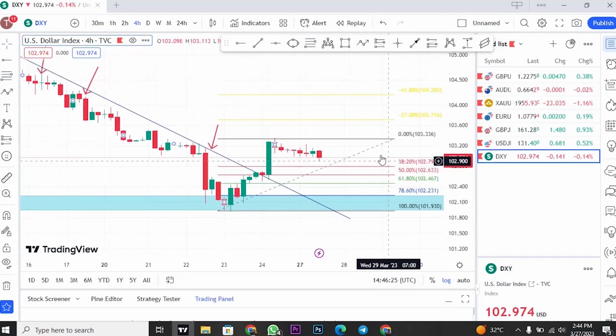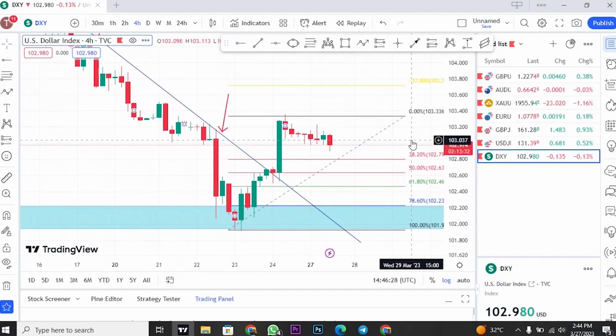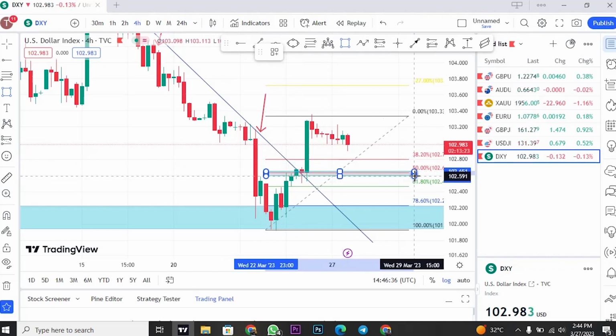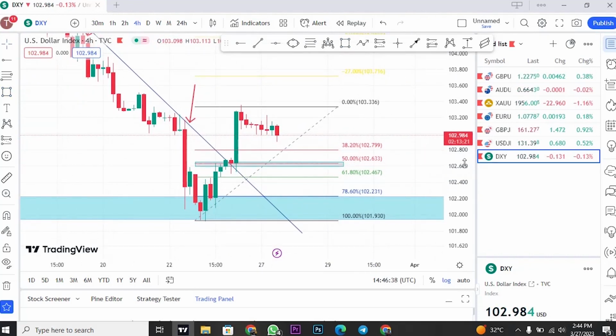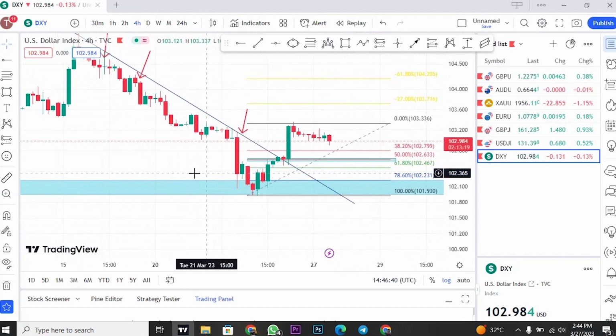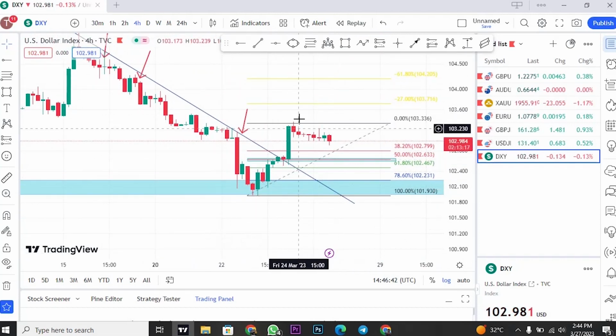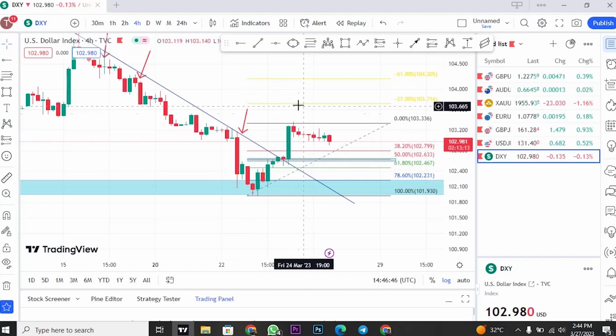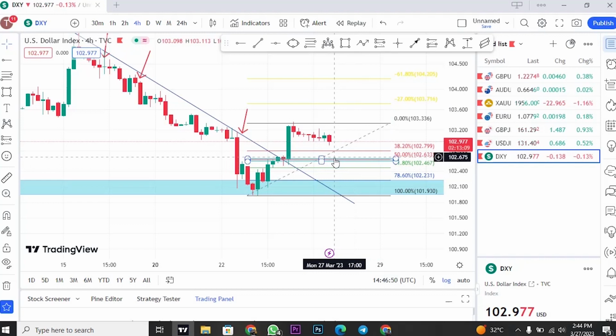Right now as price is pulling back, we are anticipating price to pull back to the 50% retracement level right here on the DXY, because price has currently broken out of the trend line and is now pushing more to the upside.